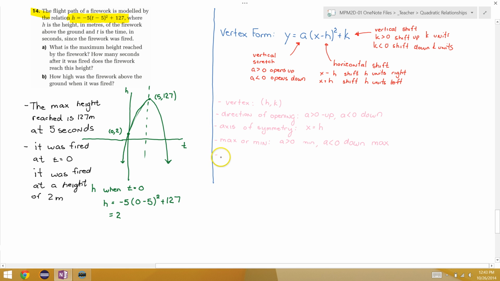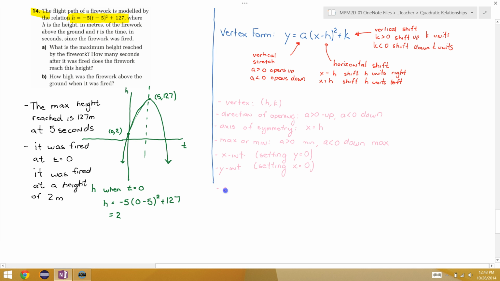It's always good, if we can, to find the x-intercepts, and we find those by setting y equal to 0, and to find the y-intercepts, and we find those by setting x equal to 0. And in our sketch, we might want a couple other points to help us out. So a really critical point of a quadratic is the vertex.